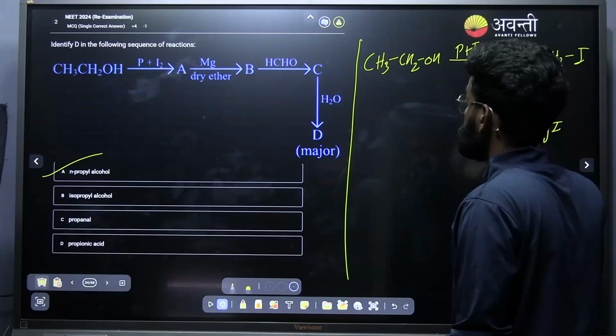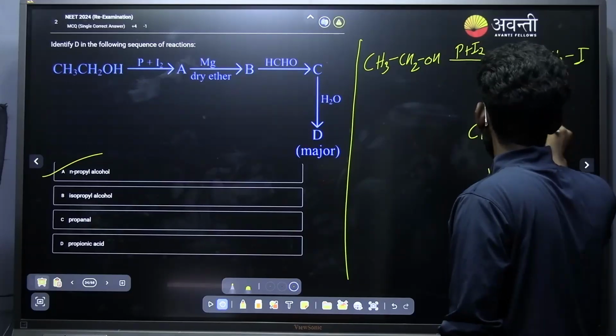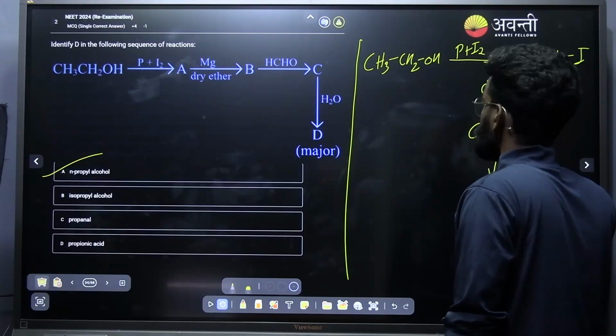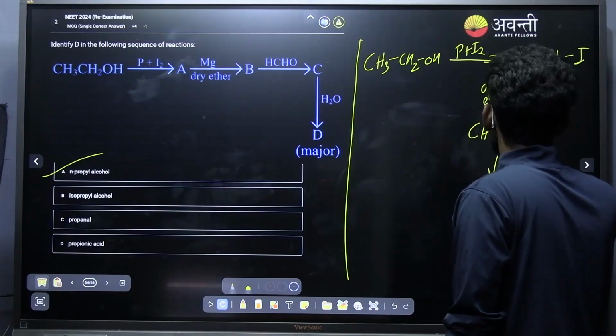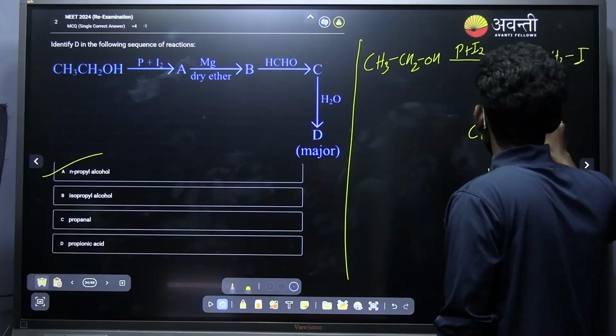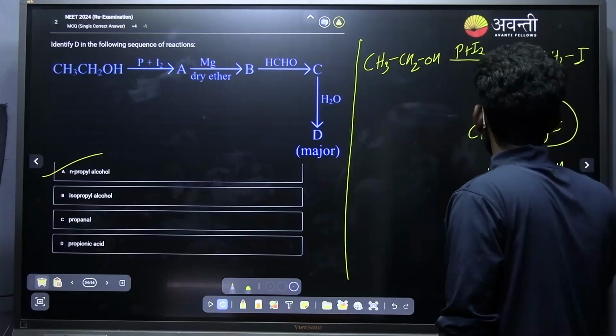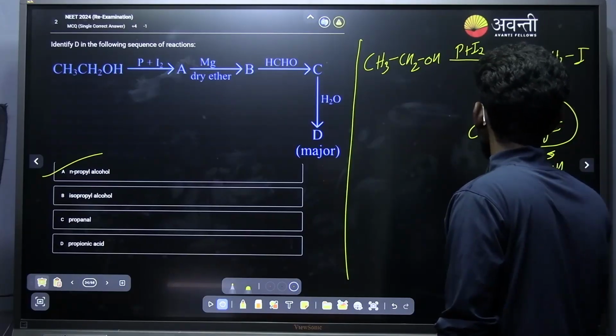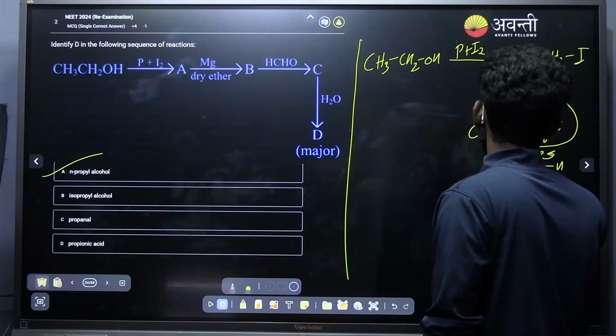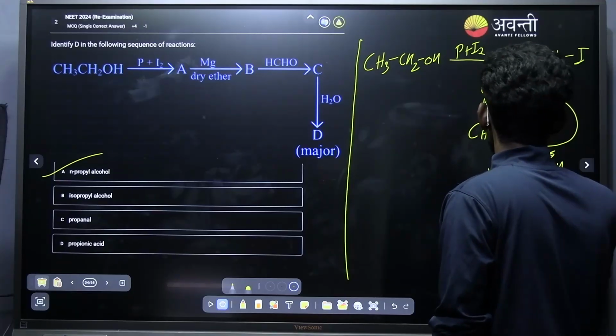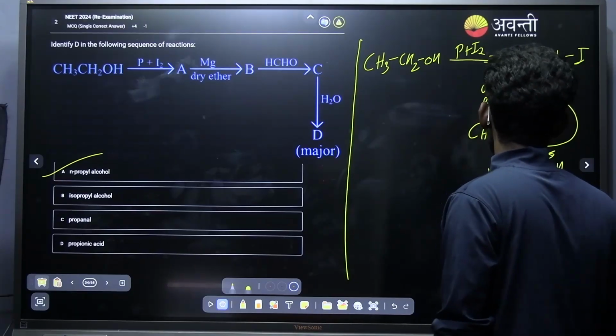Now the next one. This one on treating with HCHO. Grignard reagent on treating with HCHO, this negative will be attacking on this carbon. There will be shifting of this bond, resulting in the formation of CH3CH2CH2O minus.